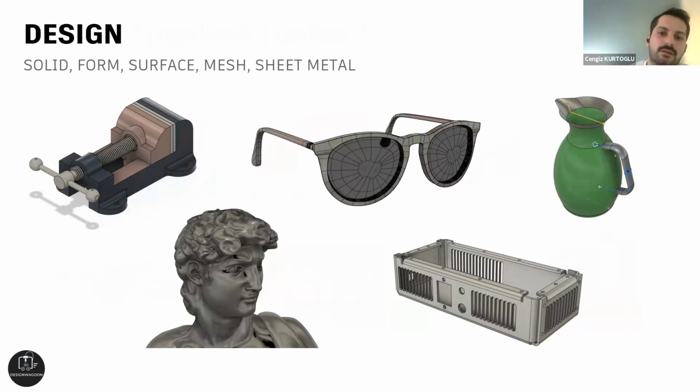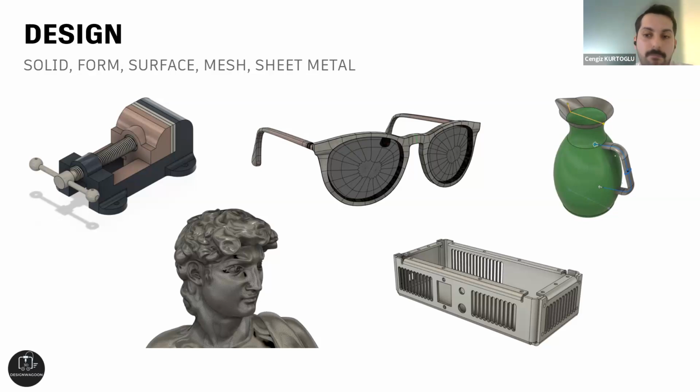Also, there are different types of modeling techniques like create form, T-spline modeling. As you can see, these glasses are a T-spline model, because there are different approaches to create 3D models. Well, also you have a chance to create surface models directly in Fusion.